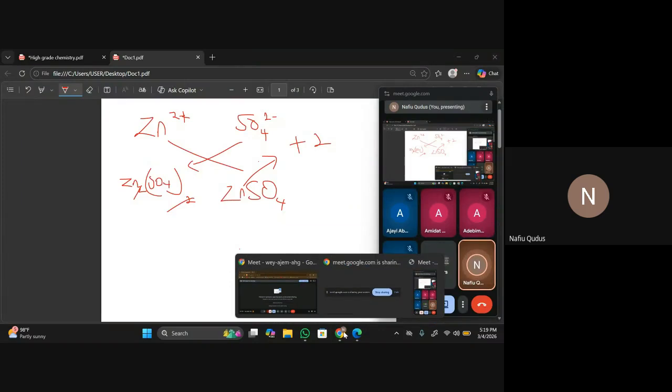Now, definitely here we have Zn as 0. Here we have Zn as plus 2. Does it increase or decrease? It increases.